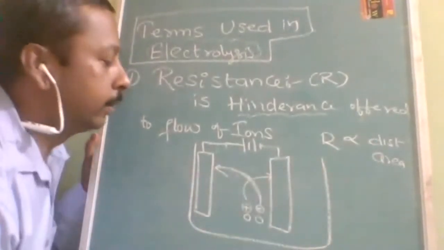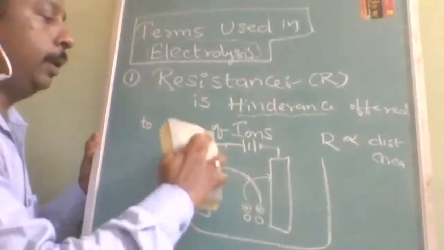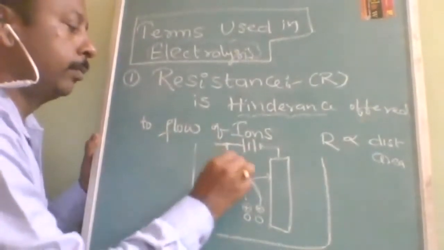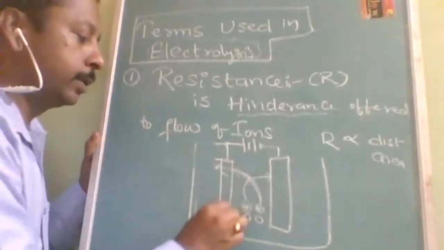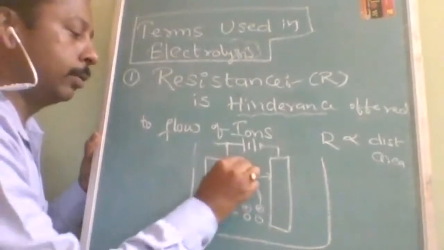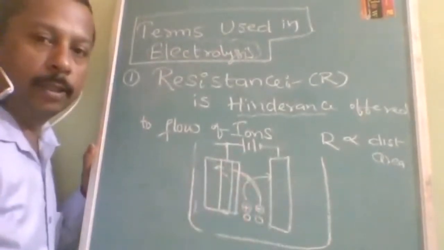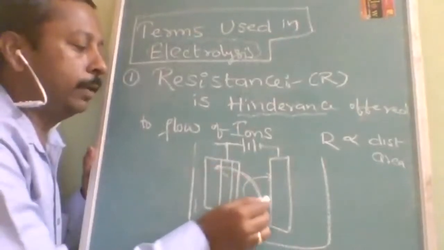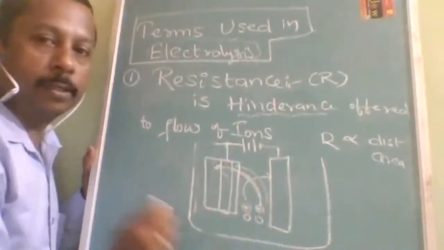Then, instead of keeping it far, I keep it in the same place, but instead of making it such a small size, I make it a big one. Because of this, what happens? More ions at a time can reach it.